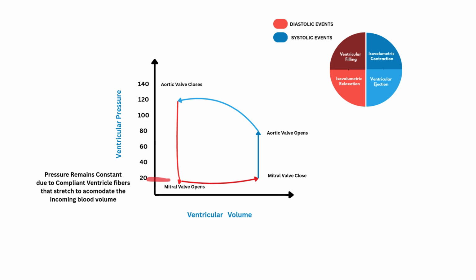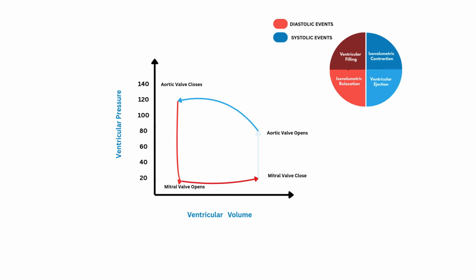It stretches easily to accommodate the increased filling. As such, pressures do not rapidly increase. At the end of this phase, the ventricles are completely filled up. Diastole has concluded, and the heart is in preparation for the next systolic cycle.